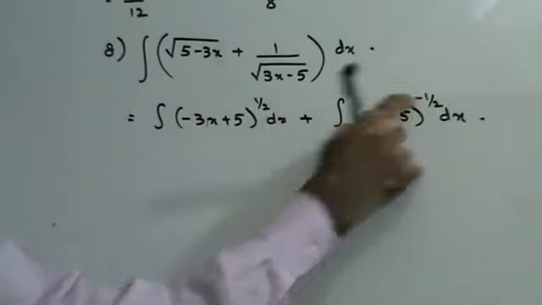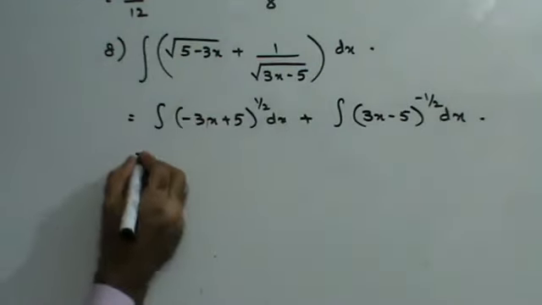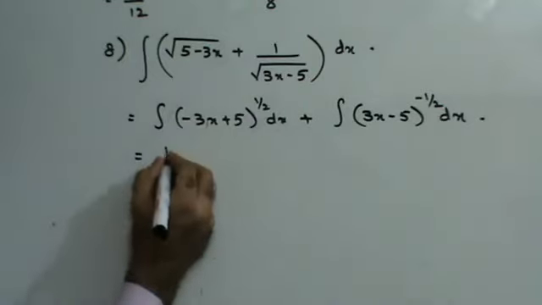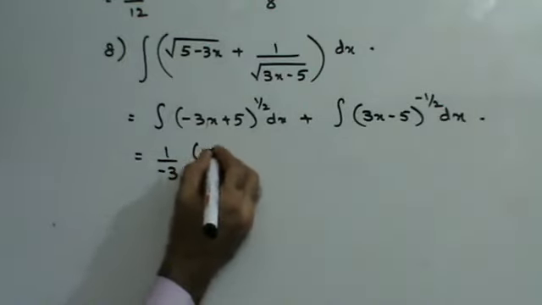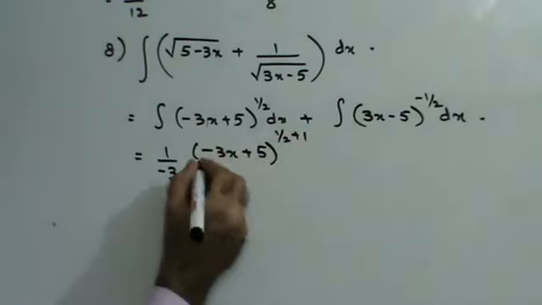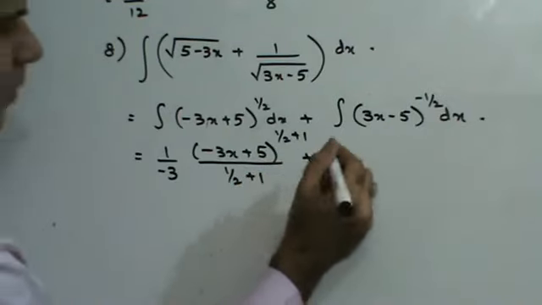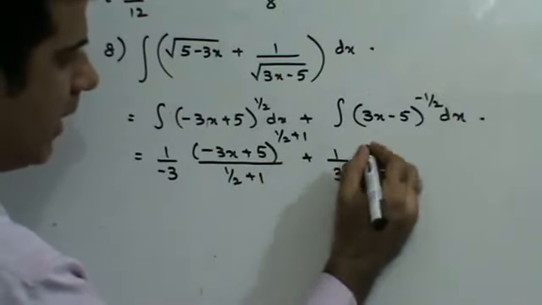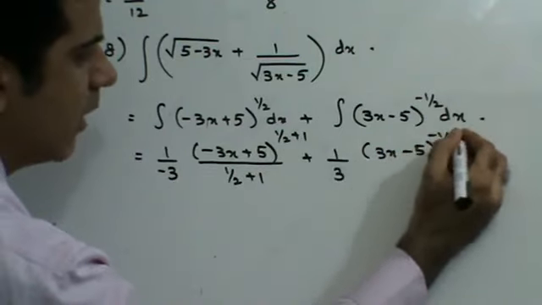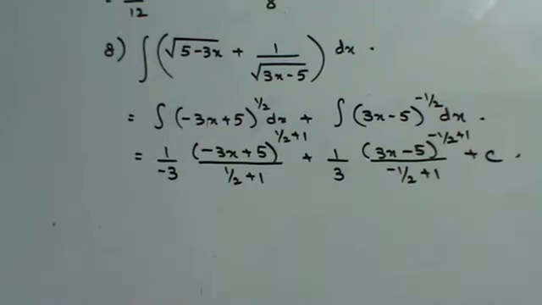Denominator to numerator, sign of the index changes. Square root is raised to 1 by 2. Same third formula, integral of (ax plus b) raised to n is 1 upon a, (ax plus b) raised to n plus 1 upon n plus 1. Similarly, this is going to be 1 upon a, (ax plus b) raised to n plus 1 upon n plus 1 plus c.